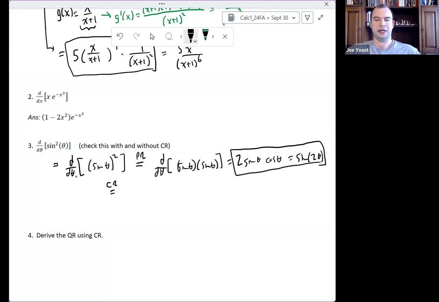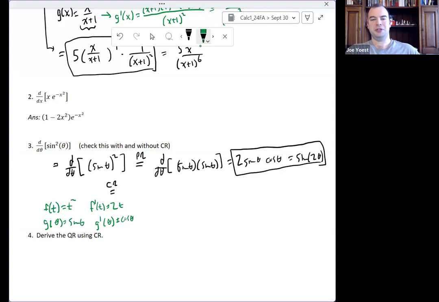With our chain rule, what do we get? Well, again, I have something squared, so I can say that f of t equals t squared, and g of theta would be sine theta. F prime of t is 2t, and g prime of theta is cos theta.